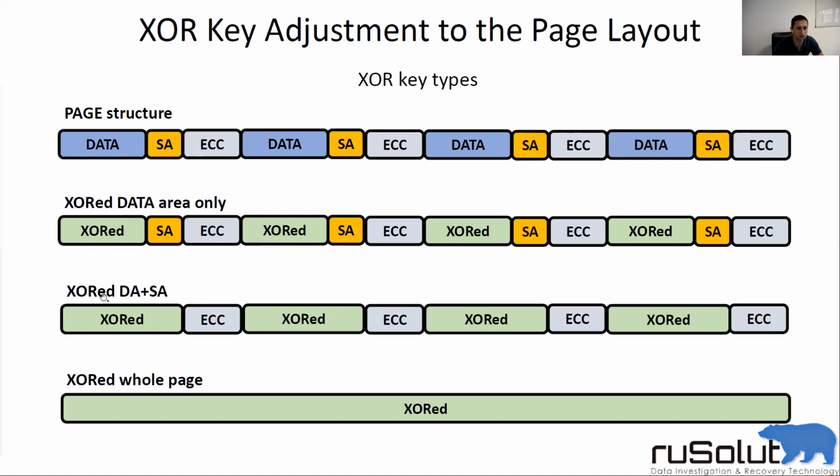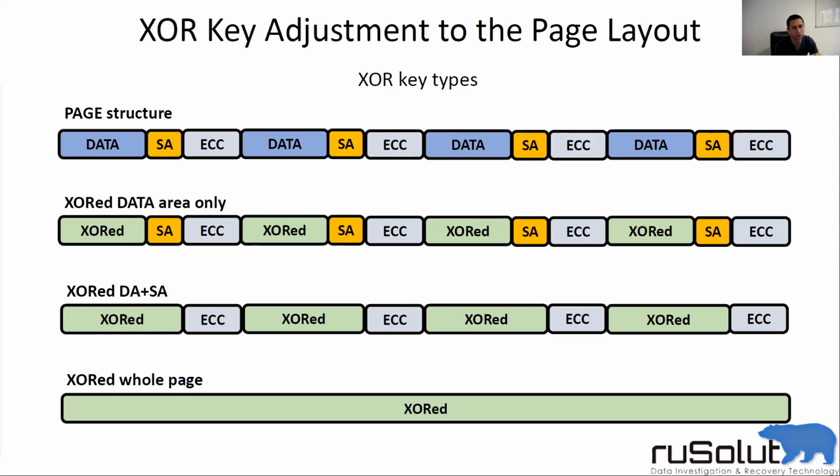In other cases, the data area and service area could be XORed, and ECC is not. And in the most complicated cases for extraction, the full page is XORed, everything. It all depends on which stage the controller uses the XOR transformation.